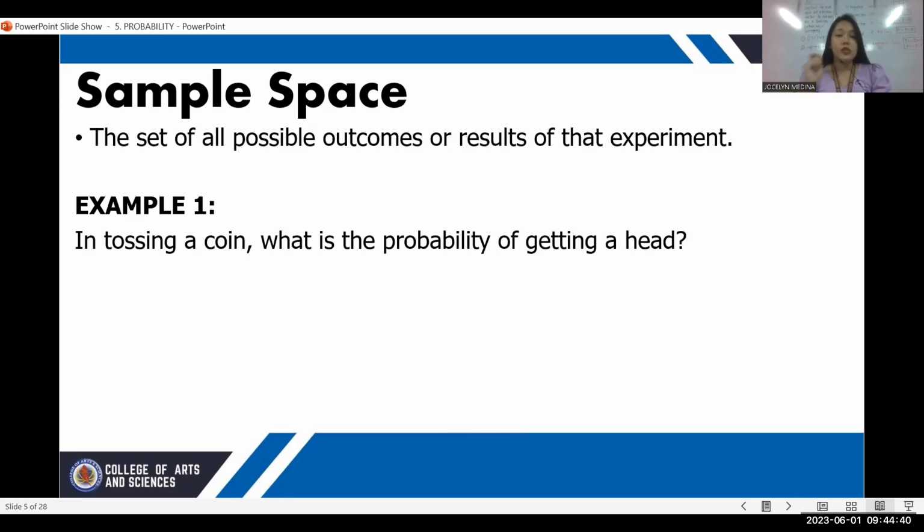Ito-toss nyo siya. So, pag sinabi nating sample space, ano ba yung mga possible outcomes na pwede ninyong makuha kapag mag-toss kayo? Of course, alam natin na ang possible outcomes lang is you get a head or you get a tail.